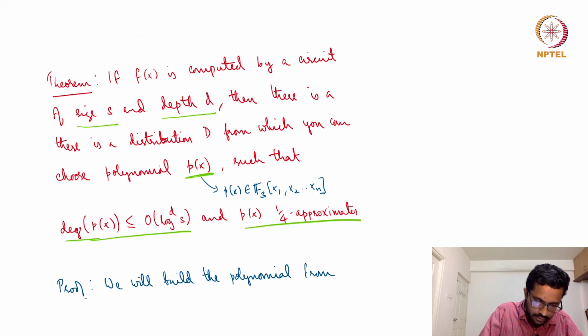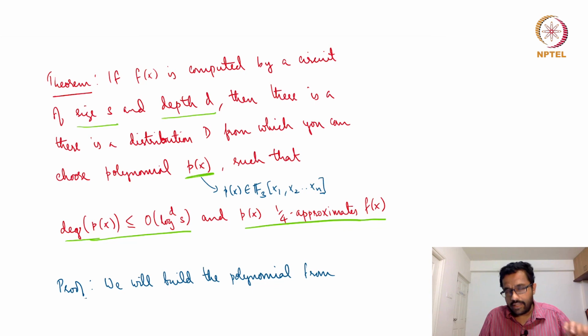So 1/4 approximate f(x) means that for any x, the probability over the distribution that the polynomial and the function disagree is at most 1/4.